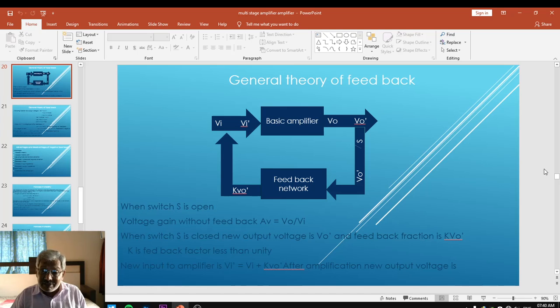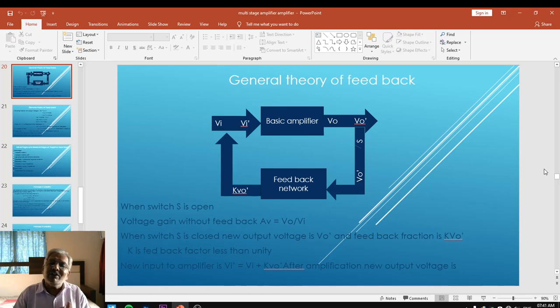After that, we covered the concept of feedback. We studied the concept of feedback by using the block diagram last time, which makes use of the input source, mixer or comparator, basic amplifier, sampling network, and the feedback network.